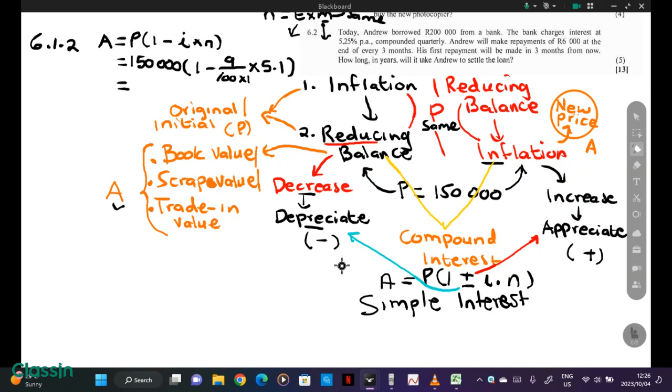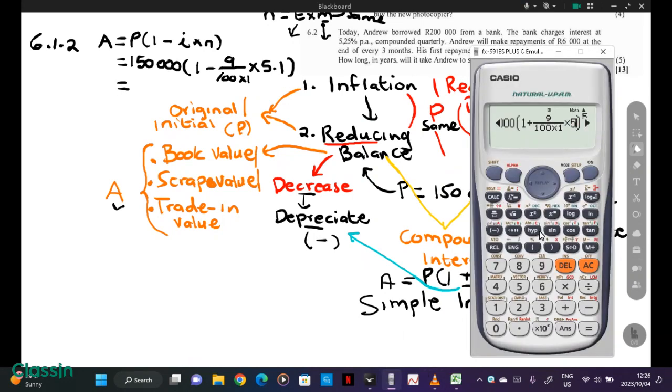And when you press this on a calculator, you have 150,000 multiplied by 1 minus 9 over 100 multiplied by 1 multiplied by 5 multiplied by 1. Close bracket, enter.